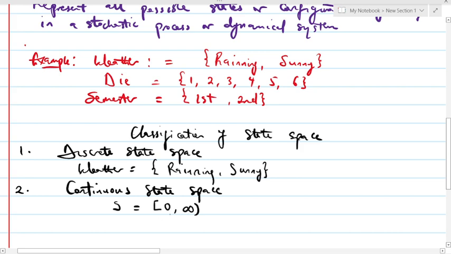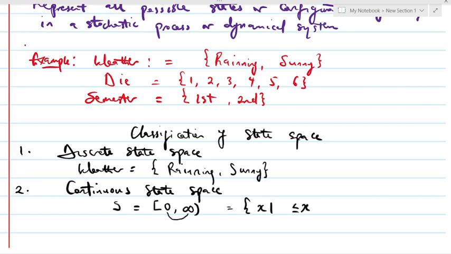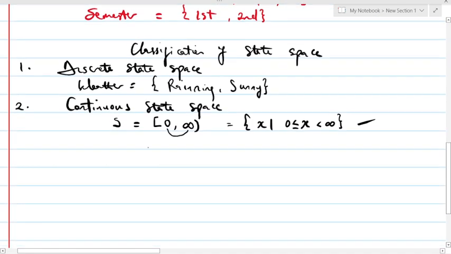We cannot easily count the numbers between 0 and infinity, because it can be written as x such that x is greater than or equal to 0 and x is less than infinity. So we have an infinite number of values between 0 and infinity. Such a state space is called a continuous state space. Please kindly take note of that.